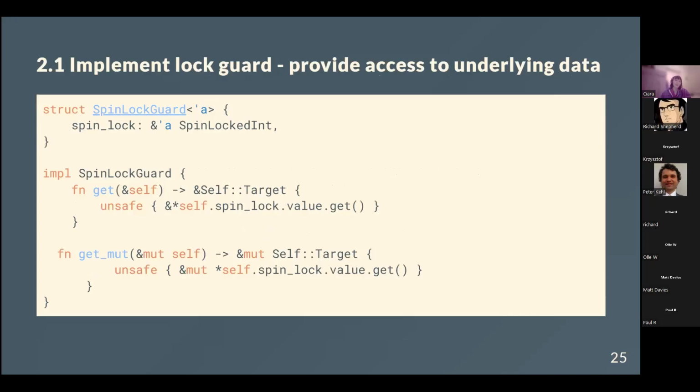So now we can get on to implementing a lock guard to provide the access to the underlying data. We stored that data in an unsafe cell, and that allows us to basically pass around references to the data easily using get, but it has to be unsafe. But we're making it safe by virtue of the fact that we are controlling it with our SpinLock.